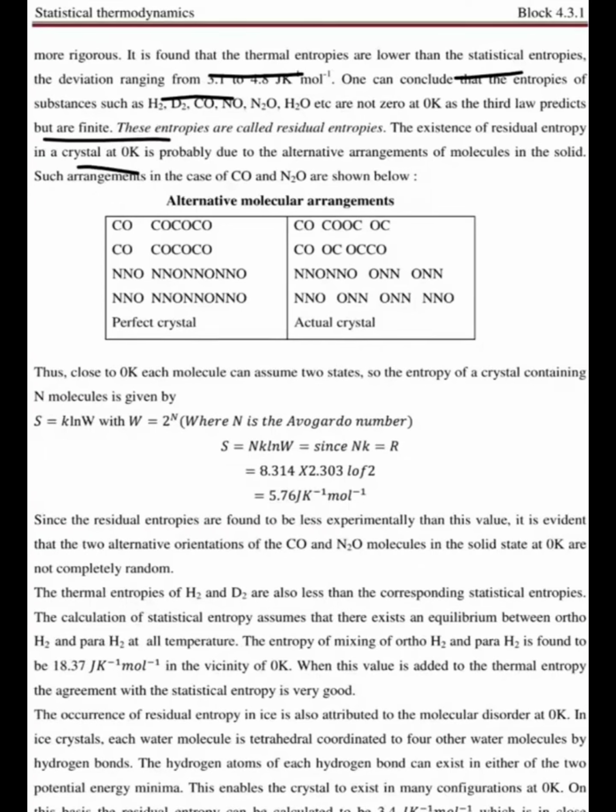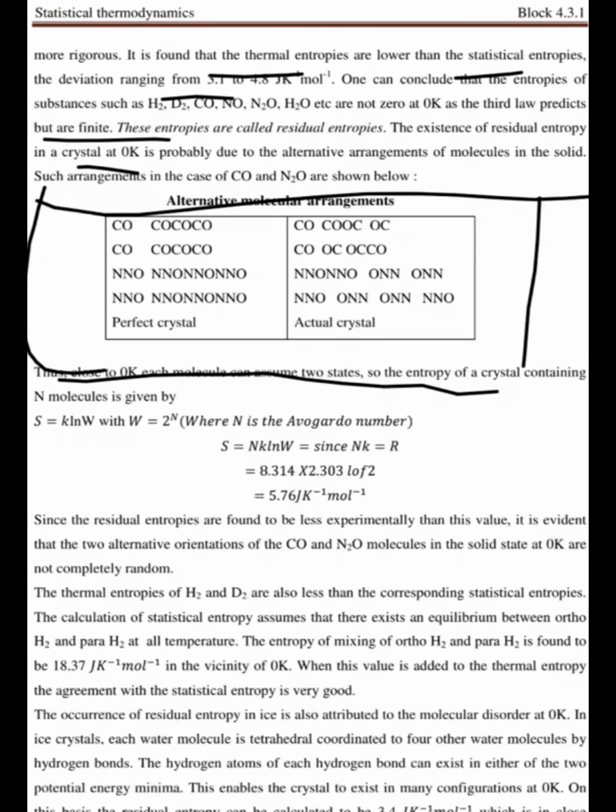So here some of the alternative molecular arrangements means in a system different arrangements of molecules will be taking place. It is for carbon monoxide and nitrous oxide, where nitrous oxide is also known as laughing gas. So here there are two different systems.